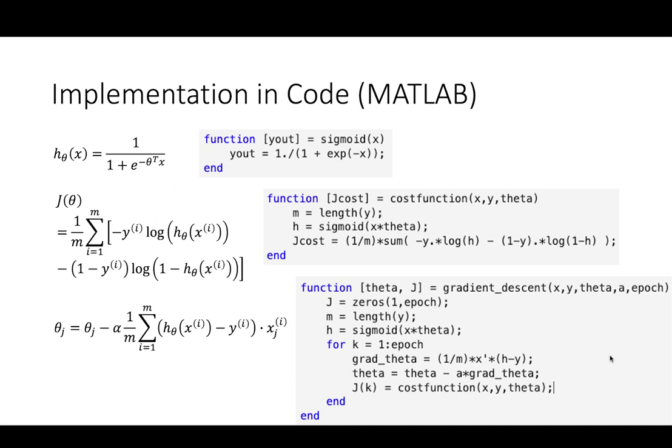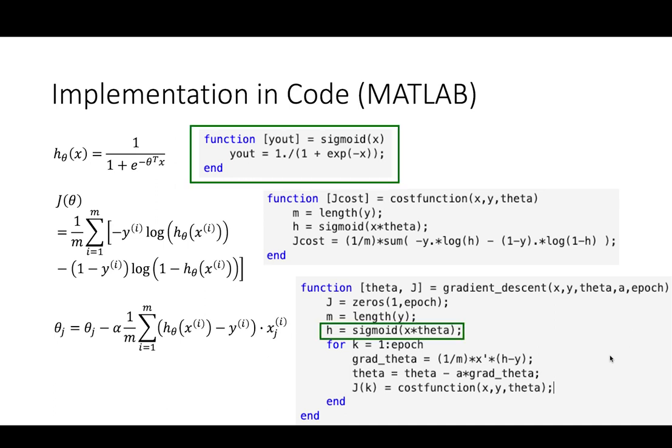Anong pinagkaiba dito? Ang pinagkaiba is ito. Pinalitan natin itong expression for the cost function. Ito lang yung nadagdag, yung h. Yung h na to, imbis na theta transpose x. Dati theta transpose x ang nakalagay dyan. Ngayon, h na yung nakalagay. And you have this sigmoid function. The sigmoid function is 1 over 1 plus exponential minus x.